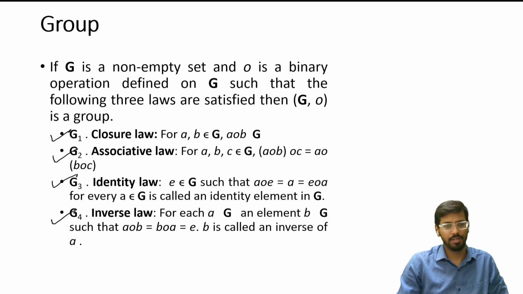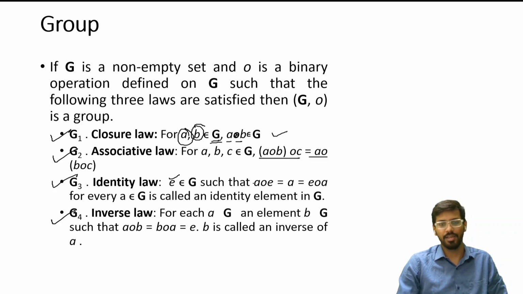For example, if we take two elements A and B that belong to some set G, and we define a binary operation as small o, then A binary operation B should belong to G, that is the closure property, and this is associativity. Third is the identity element.